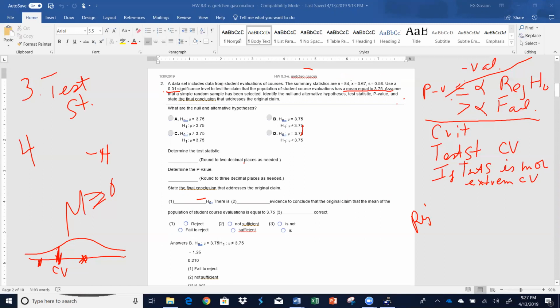So the equal goes in first, and the correct answer is B. Now where the flow chart is, the question is, where did you put the claim? That's why I said put a little C next to it. The claim is now in the null hypothesis.